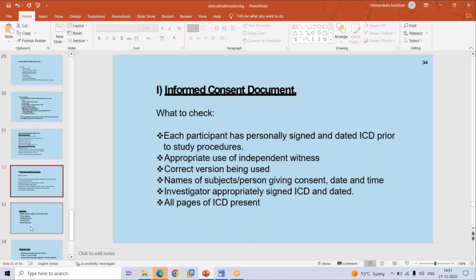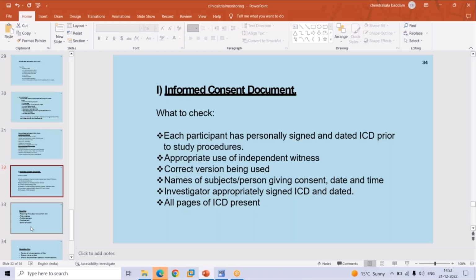Current version of the informed consent used. What does it mean? Informed consent also will be updated and modified. So currently, what is the consent version used? And the names of the subjects giving the consent, date, time.